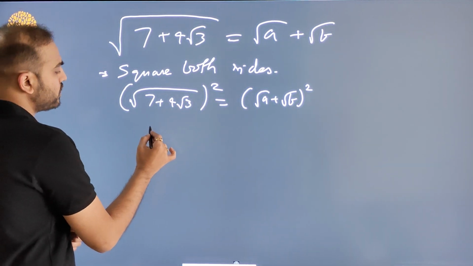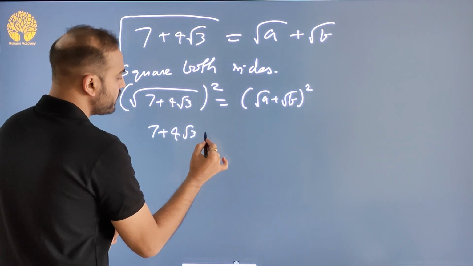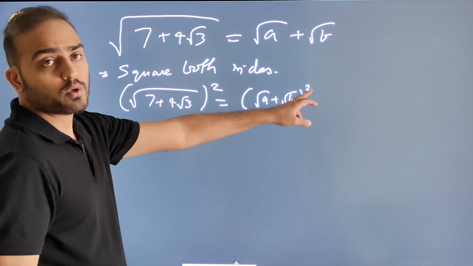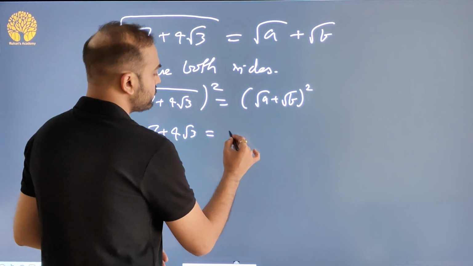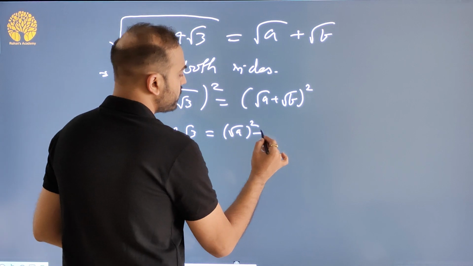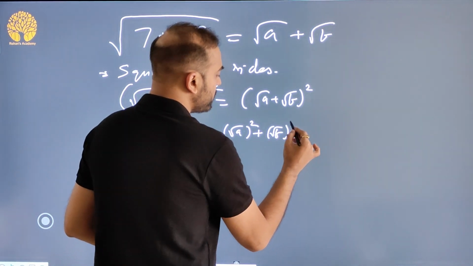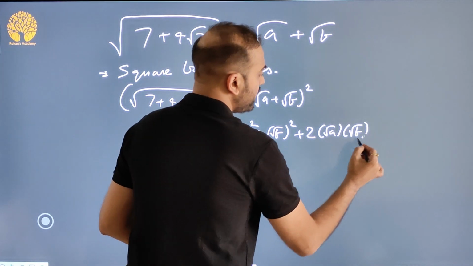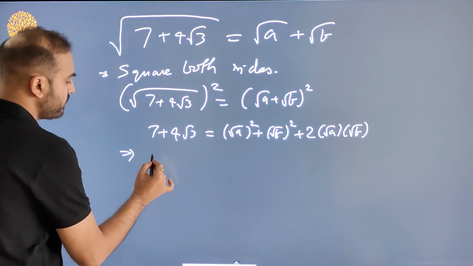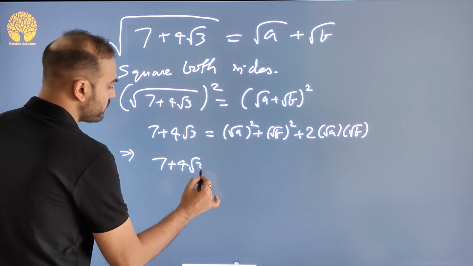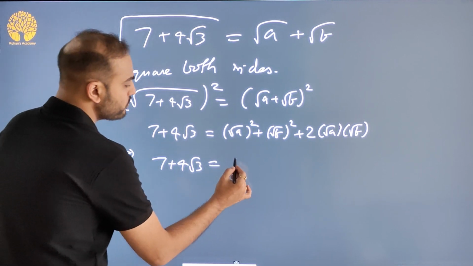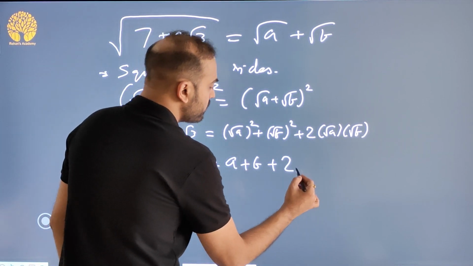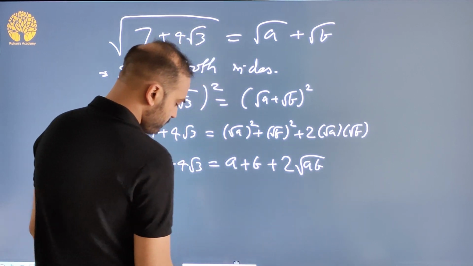Square and root goes out. Root a plus root b whole square is a square, root a square plus root b square plus 2 root a root b. That is 7 plus 4 root 3 is equal to a plus b plus 2 root ab.